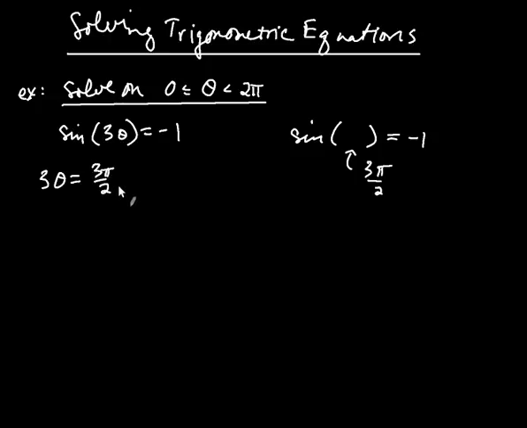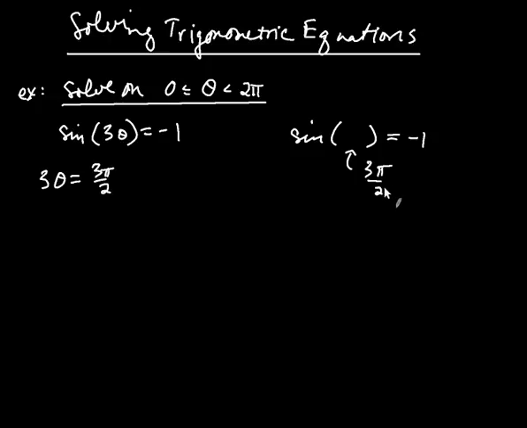Now the reason I said that's only one possibility is because we know that sine of 3 pi over 2 is equal to -1. But what happens if you increase this angle, 3 pi over 2, by let's say 2 pi? Aren't you back to the same place on the y-axis? So what if you increase it by 2 pi or 4 pi or 6 pi?